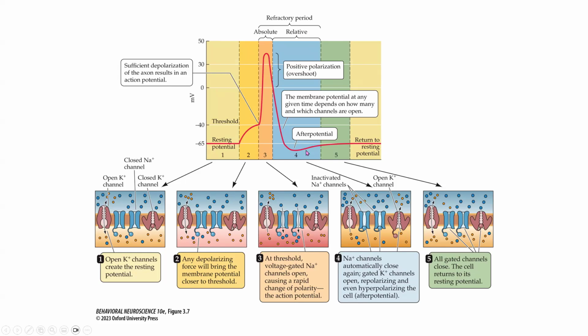And then everything starts to go back to normal. And we see that the gated channels close and the cell can return back to its resting potential, and we're back at step one. This happens in milliseconds, meaning less than seconds, this process over and over and over again. So it's beautiful because this is what allows us to think and process information about the world around us.